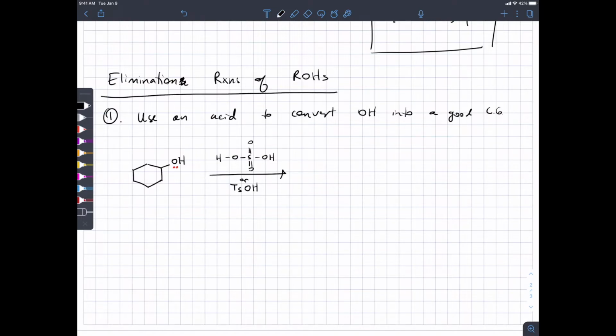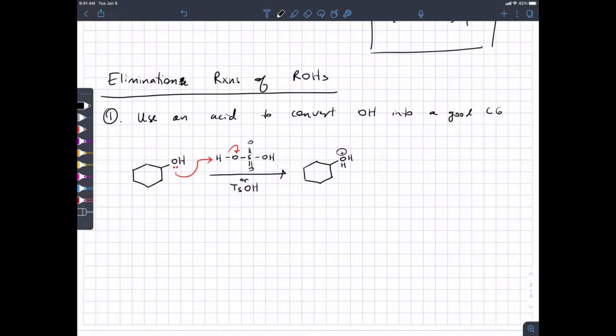As we saw with the SN1 chemistry, your first step is to transfer the proton from the acid to turn the OH into a good leaving group, water.